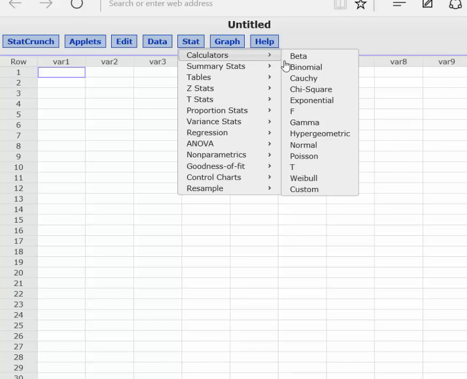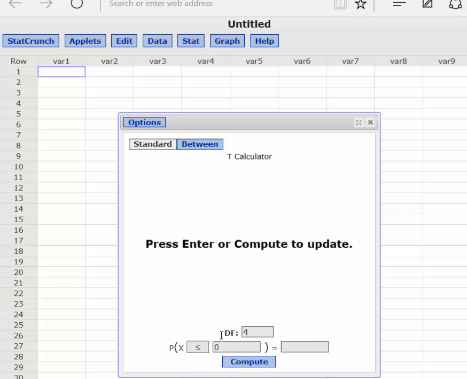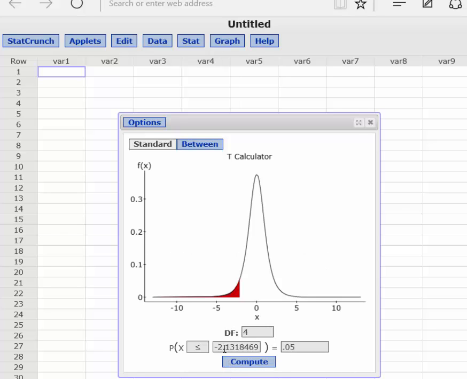Okay, let's do a t-test. Again, I'm going to calculator, down to t, and here's our t calculator, and we've got the standard again. We want either a left tail or right tail test. This time we have to know the degrees of freedom. Let's say our degrees of freedom are 4, n minus 1, and again we're using the good old 0.05, 95% confidence level, and I compute the left hand, which is a minus 2.132 for the critical value of t.